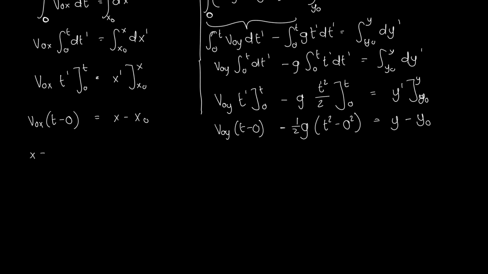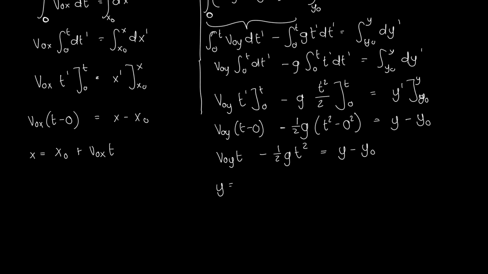So we're going to have x is equal to x0 plus v0x t. Obviously that minus 0 goes away. And then the other side, let's first do an extra step. I'm just cleaning it up a bit before I go ahead and make my y subject of the formula.